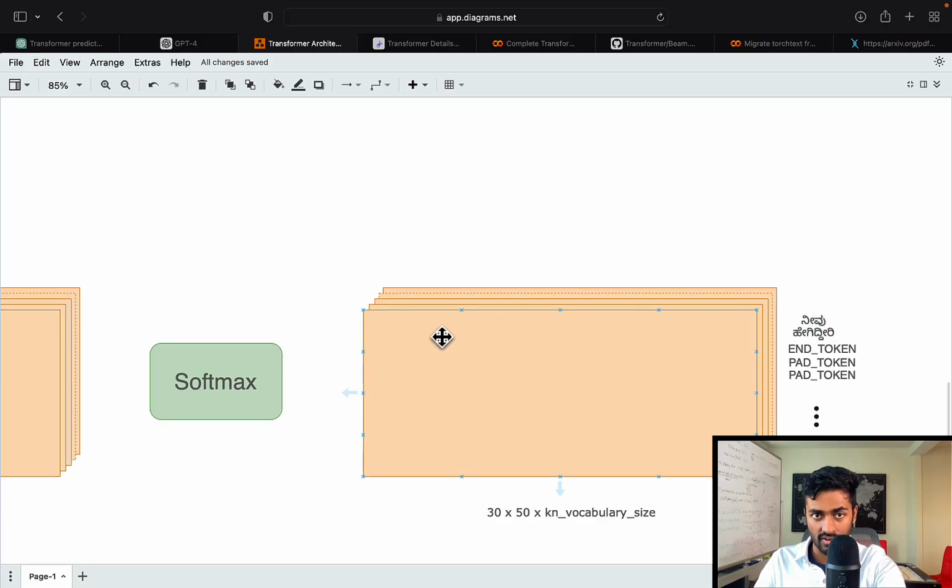The second line should be encoded as the second word, which is heigidiri. And this third line should be encoded as the end token to represent the end of sentence. And it's based on these three tokens that we'll be computing a cross-entropy loss, and then we'll be backpropagating throughout the network.